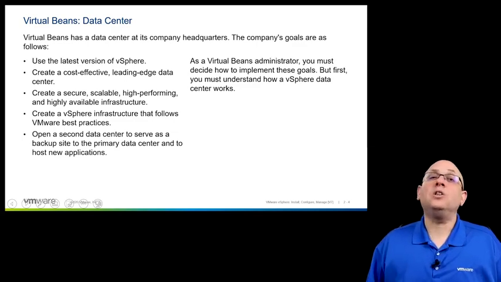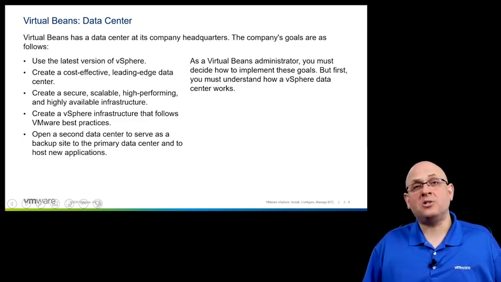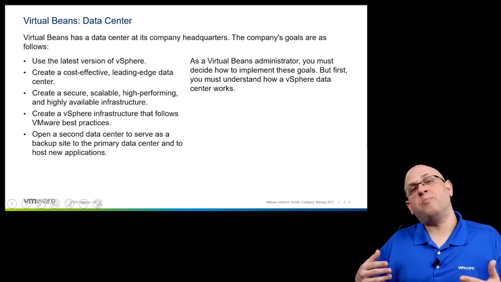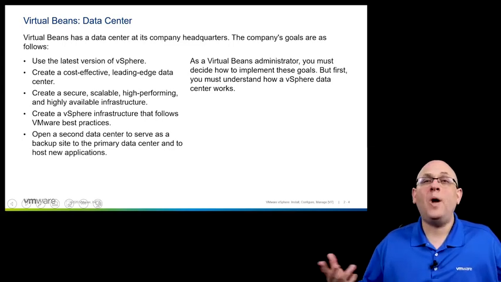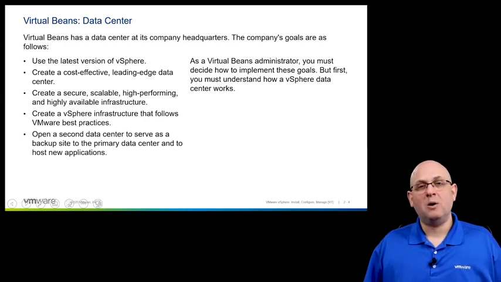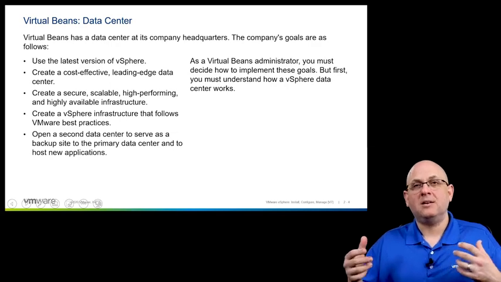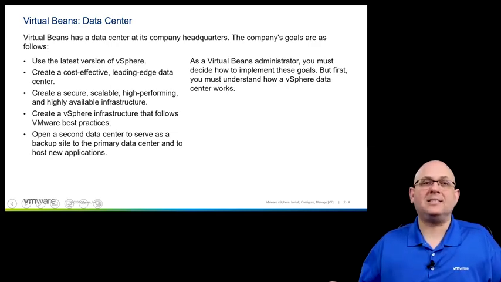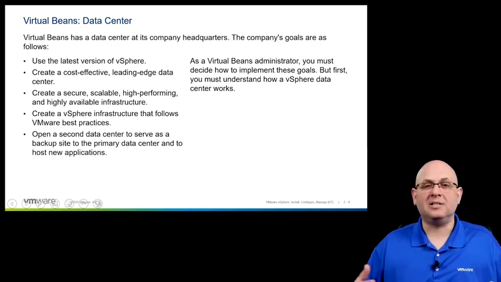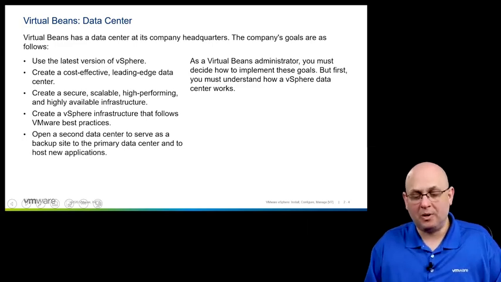We're going to look at building a vSphere infrastructure that conforms to what we know to be best practices. VMware has gone through and said, hey, we've had success in building systems utilizing this set of knowledge and this set of best practices, which is what we would call it.